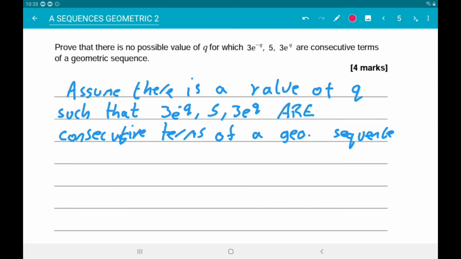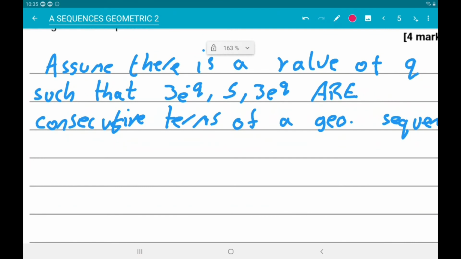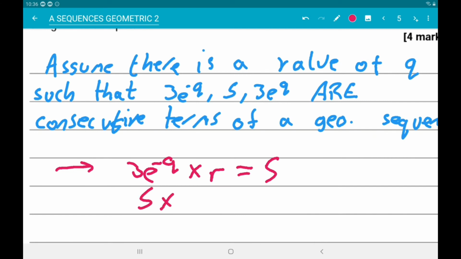So if they are consecutive terms, then we could say, therefore, 3e to the minus q times r is 5, and 5 times r is 3e to the q.